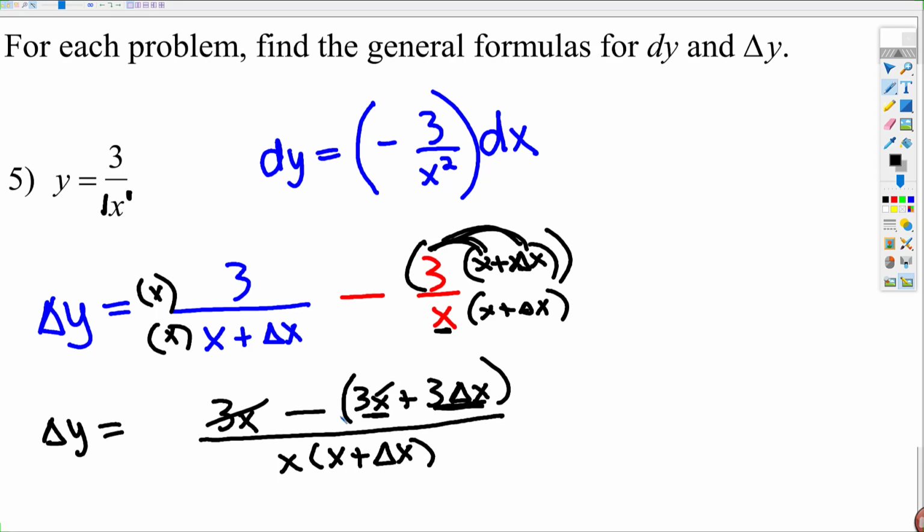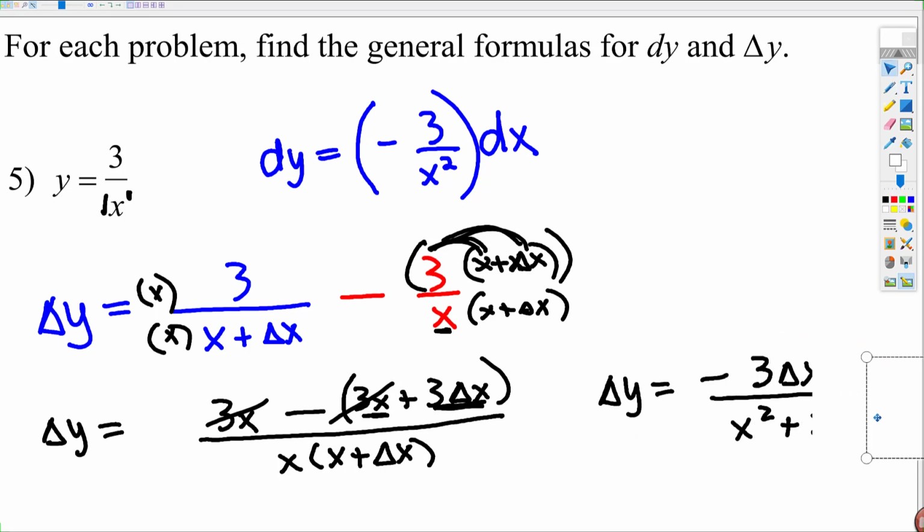Well, 3x subtract 3x cancels, and then what you're left with is delta y is negative 3 delta x over x squared plus x delta x. And really, ideally, the negative sign should be put out in front. All right, I'm going to pause this.